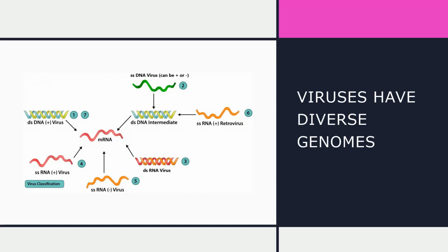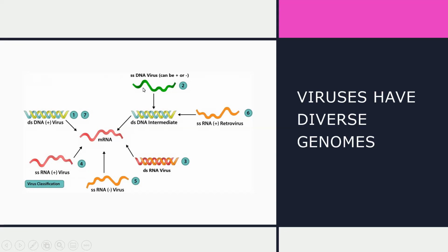Which is generally going to be DNA to RNA to protein. But in viruses, your starting material doesn't always have to be DNA. It can be. We can have double-stranded DNA viruses, right? Like these. We can also have single-stranded DNA viruses like this.